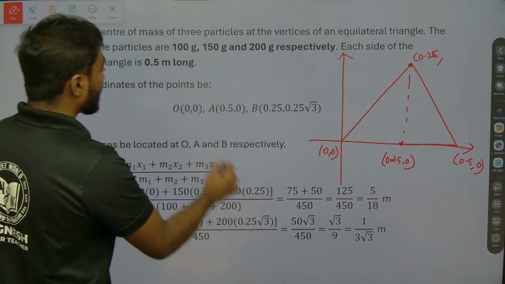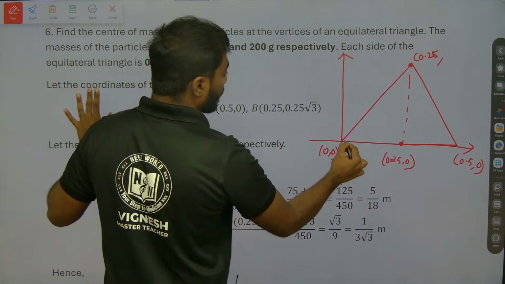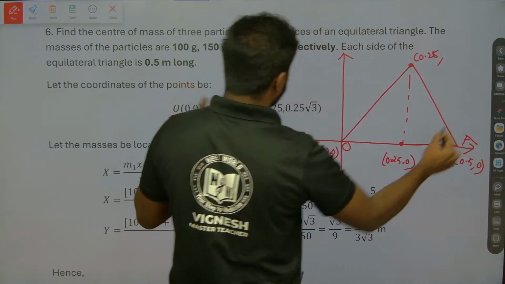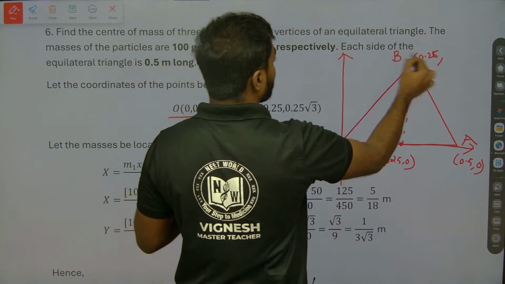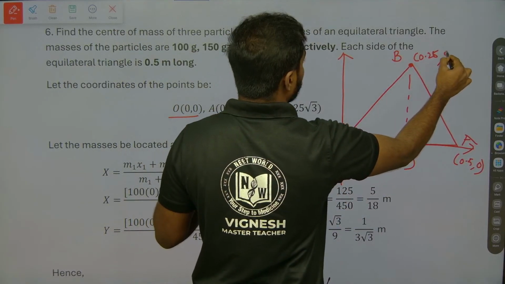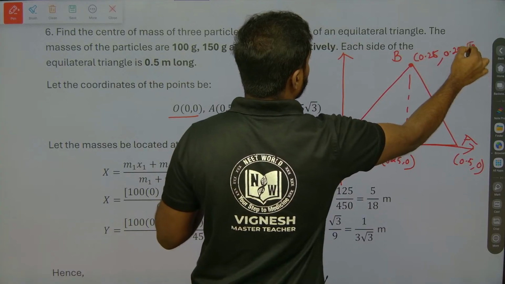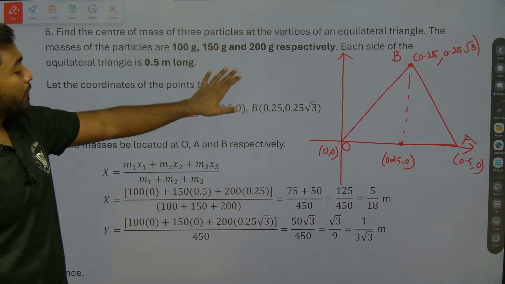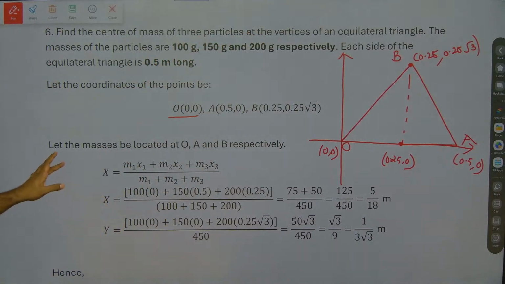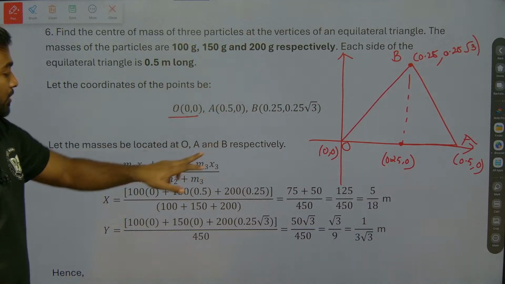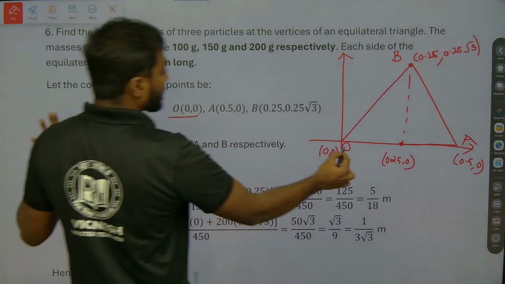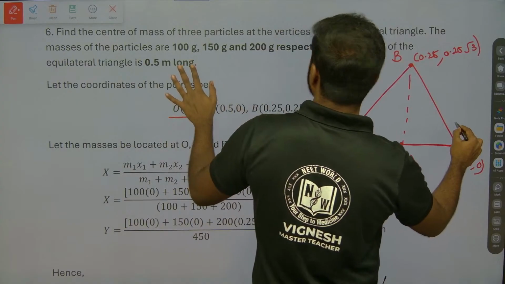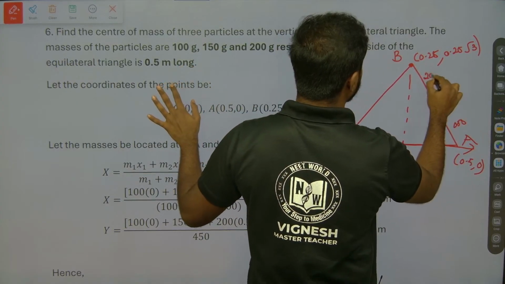So we get 0 comma 0, that is O, and 0.5 comma 0, that is A, and B is 0.25 comma 0.25 root 3. We got the three points. And we have masses 100 gram, 150 gram and 200 gram for O, A, B. So we have taken O as 100 gram, A as 150 gram and B as 200 gram.